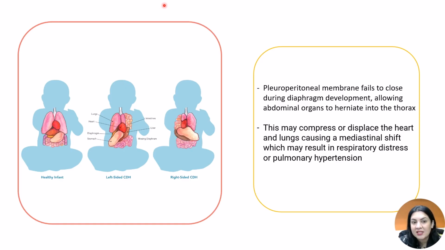Because it might lead to poor lung development, or even possibly higher pressure in the vasculature of the lungs, or pulmonary hypertension, simply because the space that the lungs need to develop adequately has been compromised. But of course, a congenital diaphragmatic hernia can typically be surgically repaired.